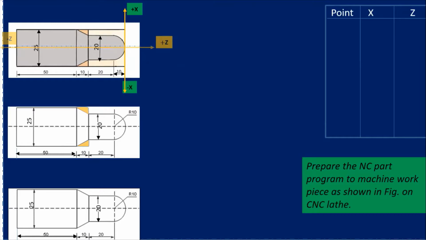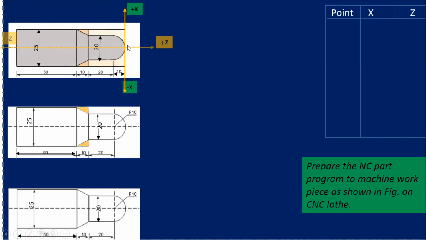Second important thing: when the tool is moving away from the face of the component, the coordinate along z will be positive. When the tool moves towards the left side, or towards the spindle, the coordinate will be minus along the z-axis.